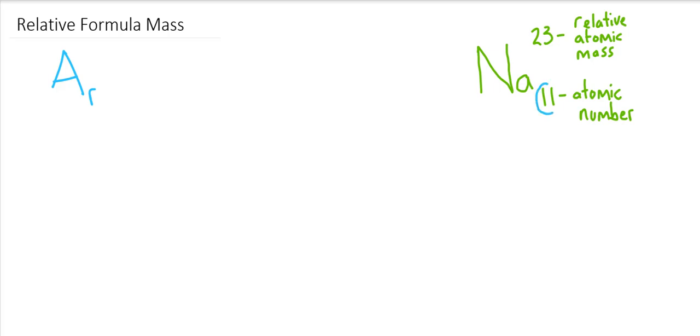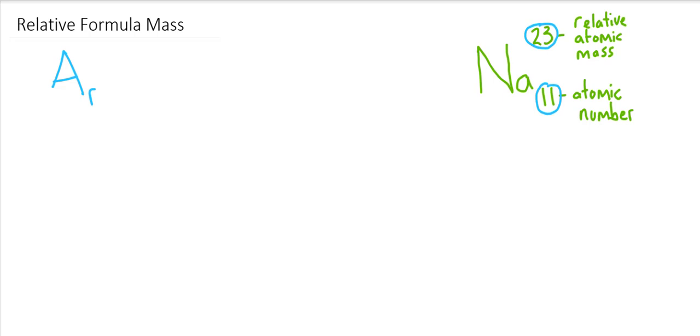It has this number at the bottom, which is called the atomic number, which is also the number of protons. And we also have this number at the top, which is referred to as the relative atomic mass.